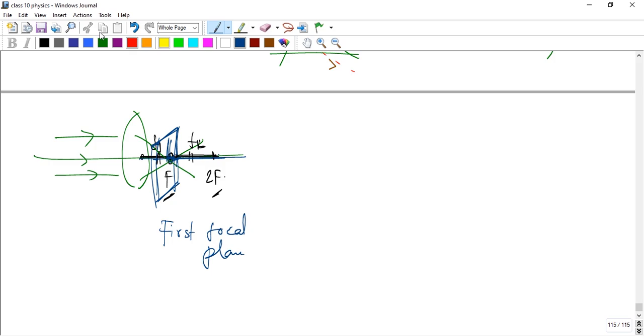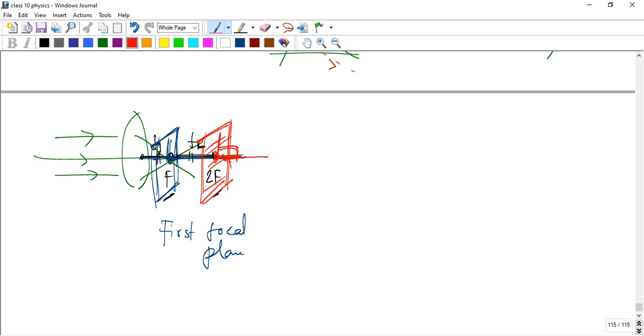And here the second, you see that very carefully. This line here is at 90 degree actually. The focal plane makes an angle of 90 degree to principal axis.